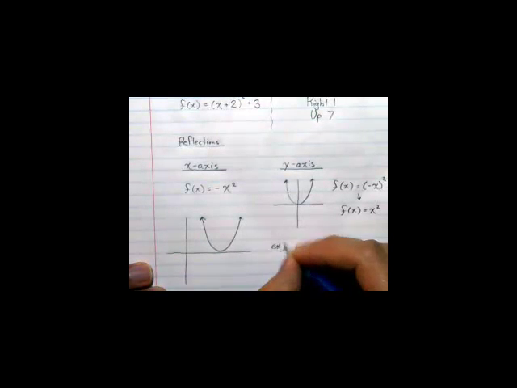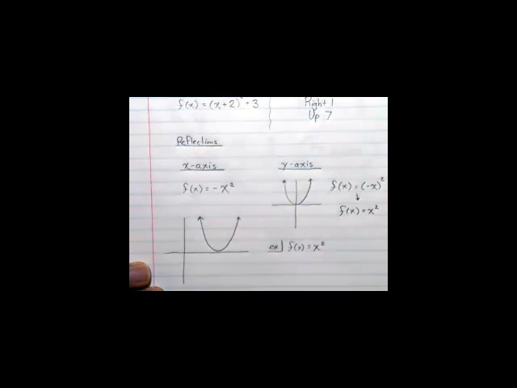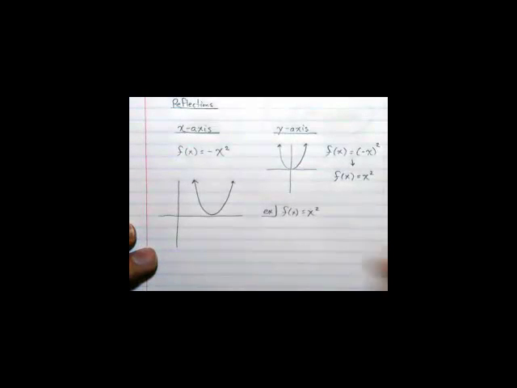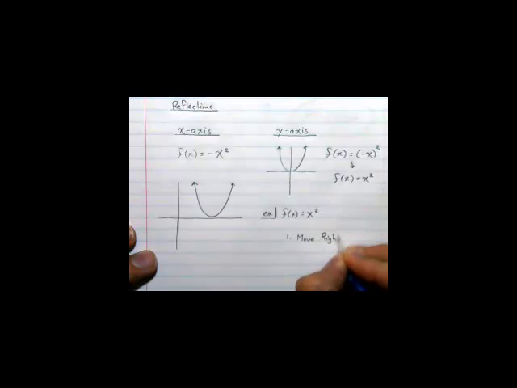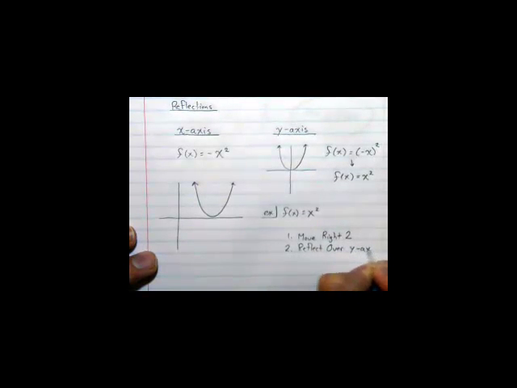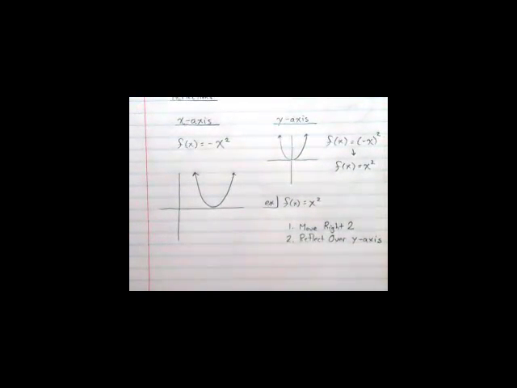So let's say we've got f of x equals x squared. We'll start with that parent function. And then let's say first, we're going to move it right 2, and then second, we're going to reflect over the y-axis. I'm going to do a little combination here of the translation and the reflecting and how that actually changes things up.